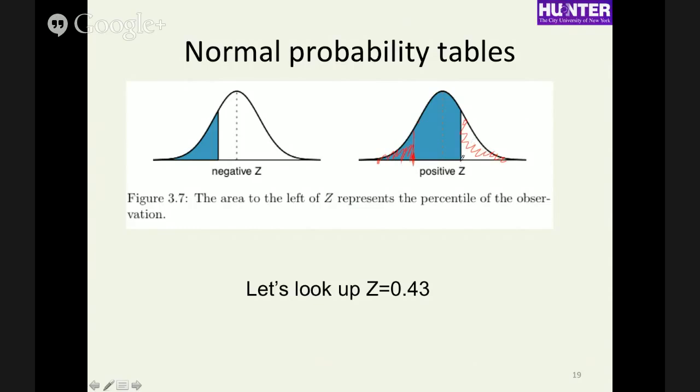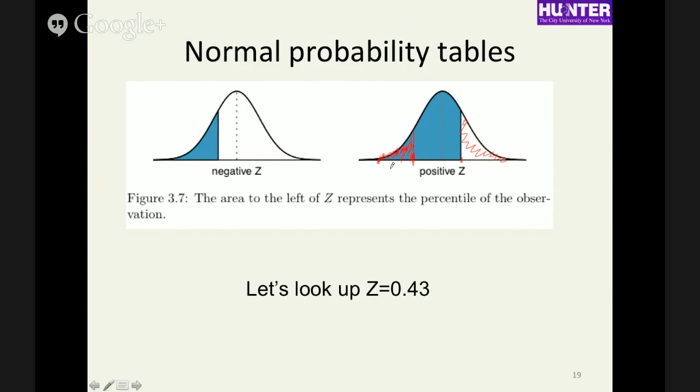So if you were to look up the so-called left tail probability for this positive value of z, and you get what's this shaded area, and you go 1 minus that, then that's the area that's unshaded here, which would be the same as this area on the left. You'll get practice with this.